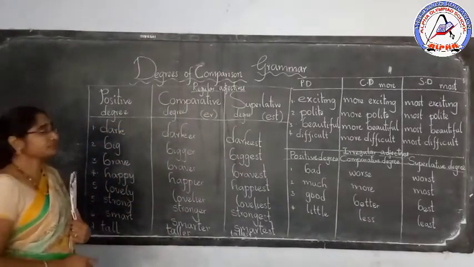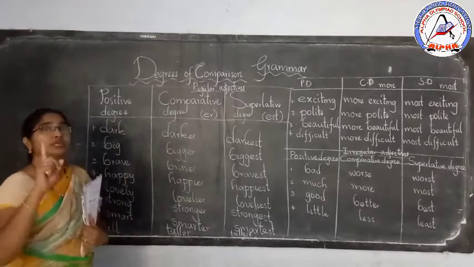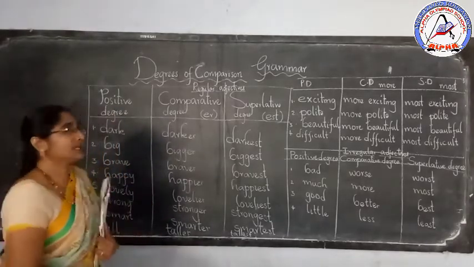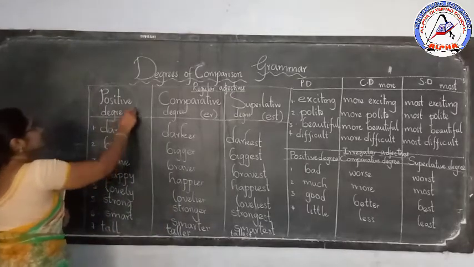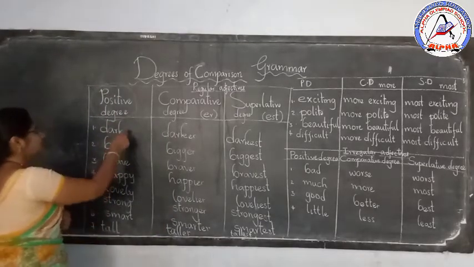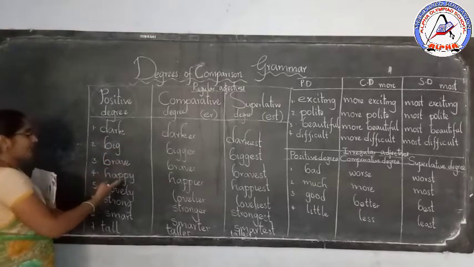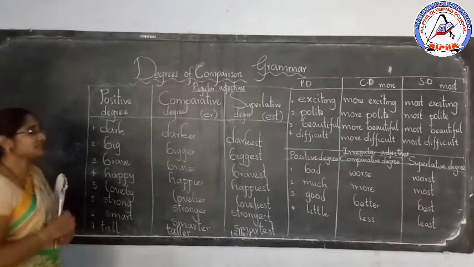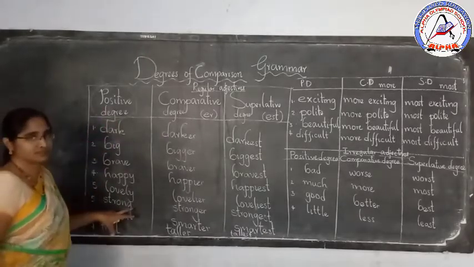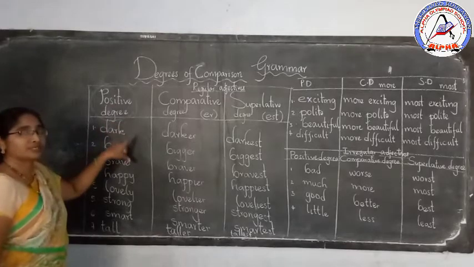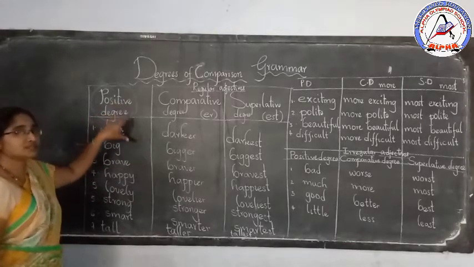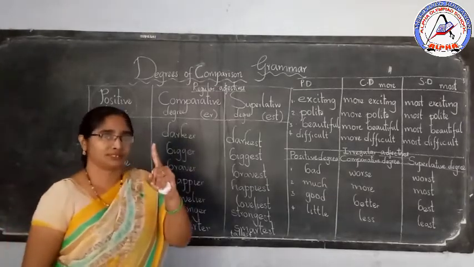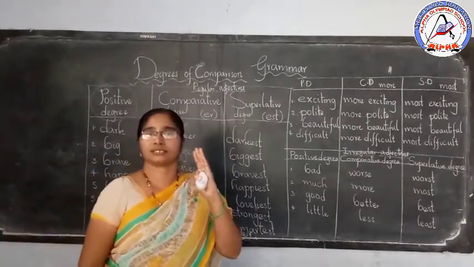When we are talking about a single thing, we will use the positive degree. Tall, dark, big, brave, happy, lovely, strong, smart, fast. These are all adjectives. The positive degree can be used when we are talking about a single person or a single thing.